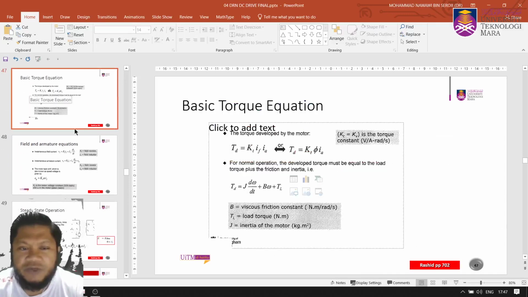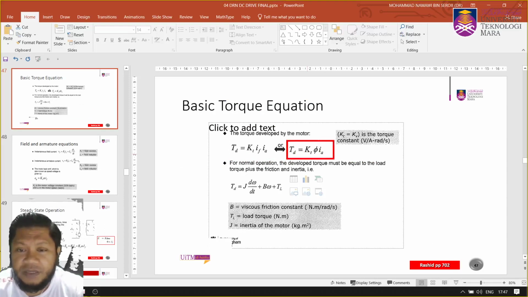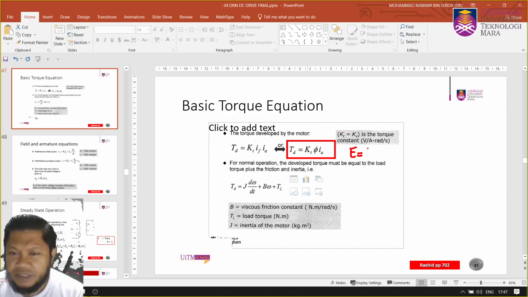Then we start with the separately excited DC motor, and we look into the basic equation. Torque equals K flux IA, the well-known equation. Or E equals K flux omega. Sometimes it's KT, KV, but you have to understand that this constant K is the same.